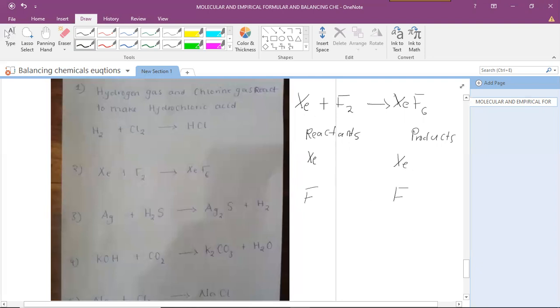How many do we have there? We have got one. We put one there. Here we also have one. How many do we have here? Two, right? Yes. There we have got six. So what number can we add here to balance it? What coefficient can we add here so that we can multiply?